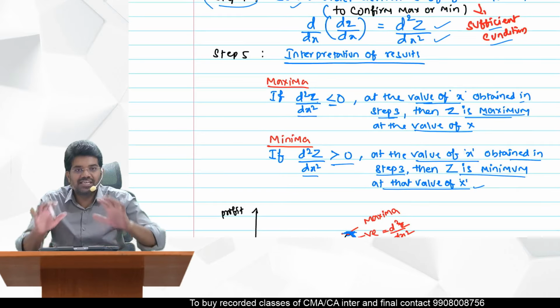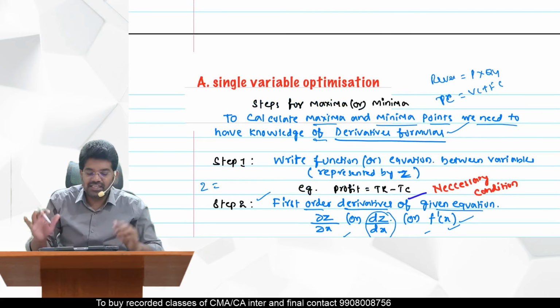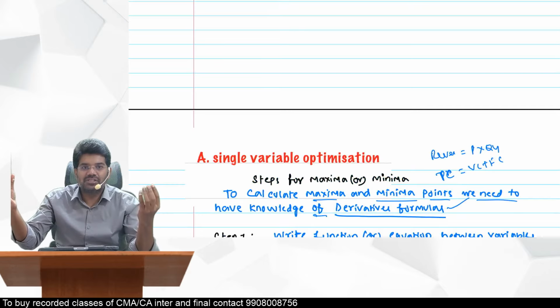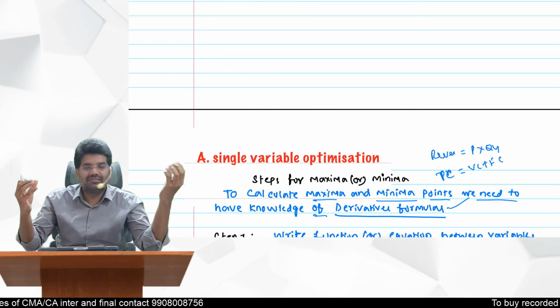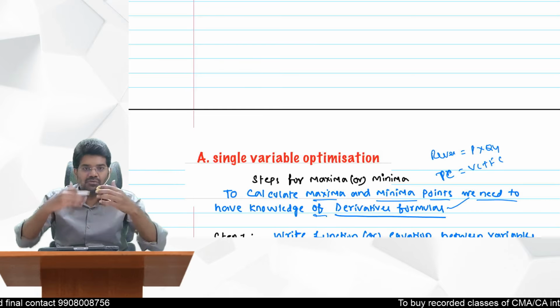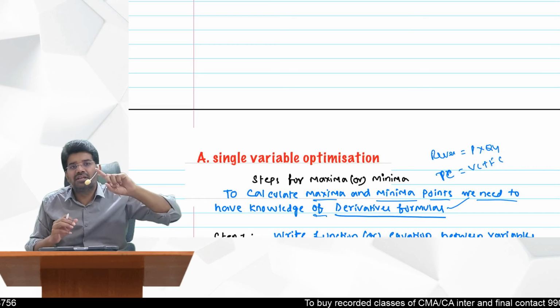We are doing the first case in business application of maxima and minima. In this, the first case is a single variable equation versus a multivariable equation. If the equation has only x, then it is single variable. If it has x and y also, then it is multivariable. First we are doing how to get maxima or minima for a single variable equation.